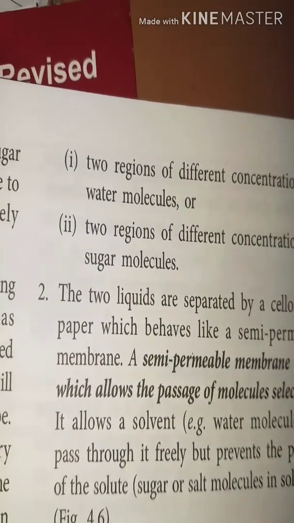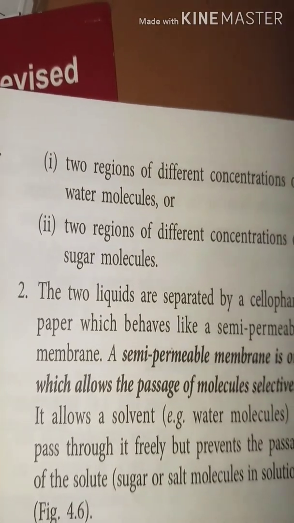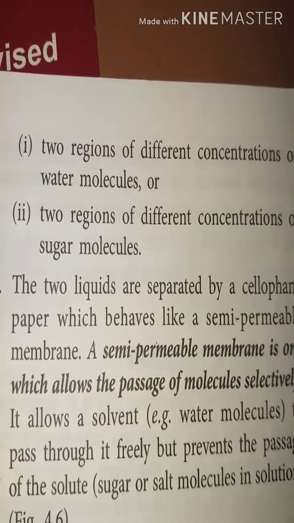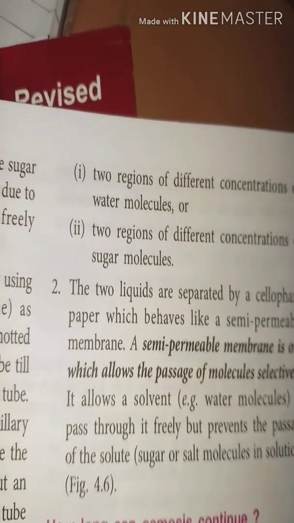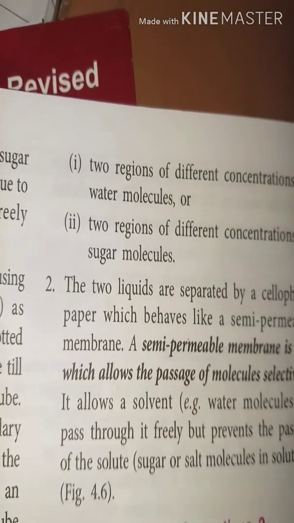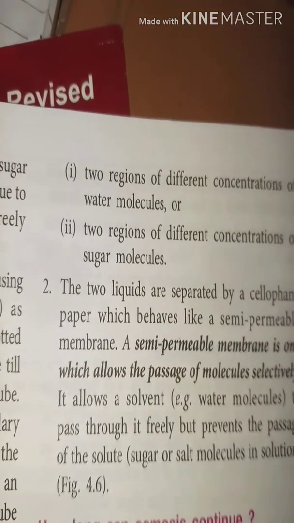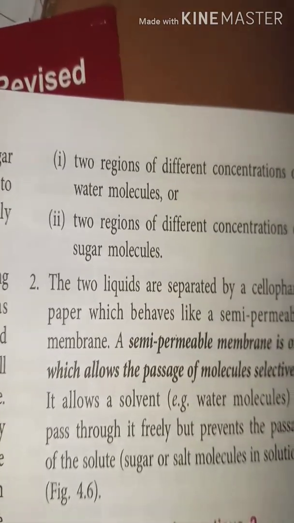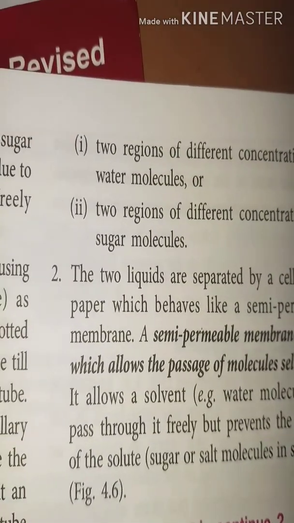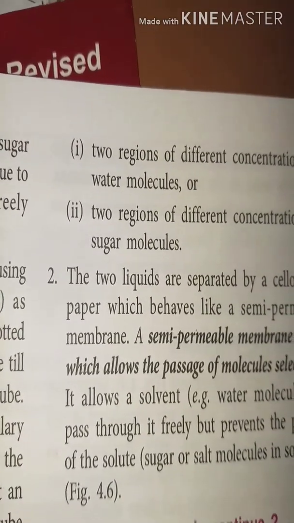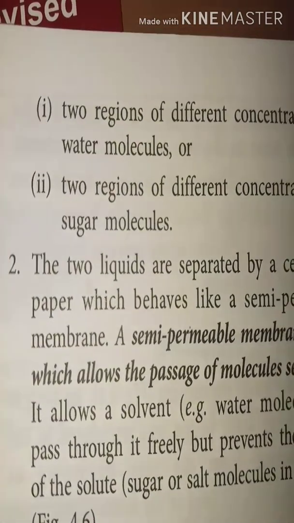That's why we are able to breathe in oxygen from the atmosphere, because in the atmosphere the concentration of oxygen is maximum, and inside the lung it is lower. That's why we inhale oxygen and exhale carbon dioxide, because carbon dioxide concentration is maximum inside the lung and outside it is low. So it is also osmosis or simply diffusion. Clear?